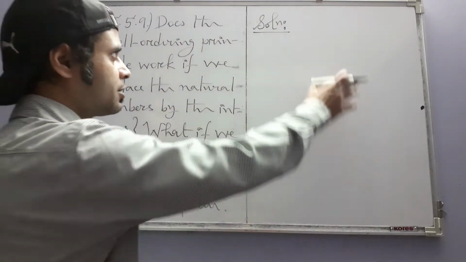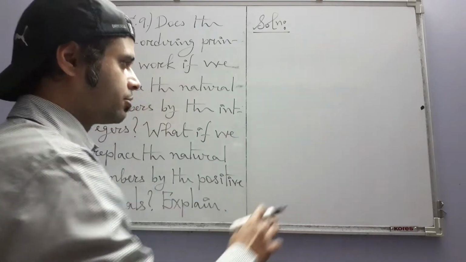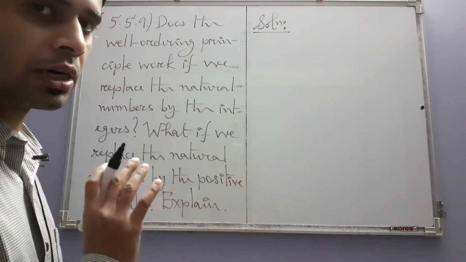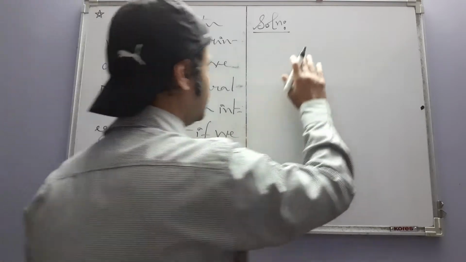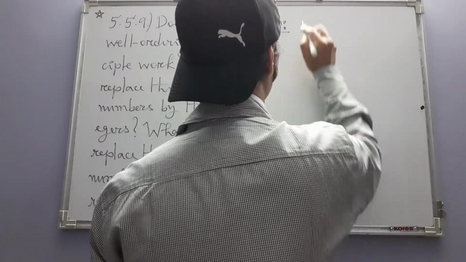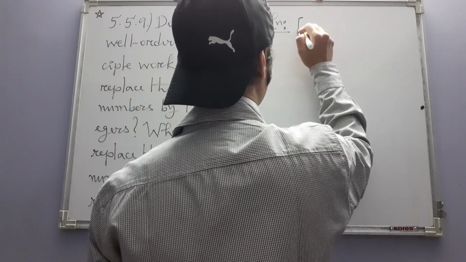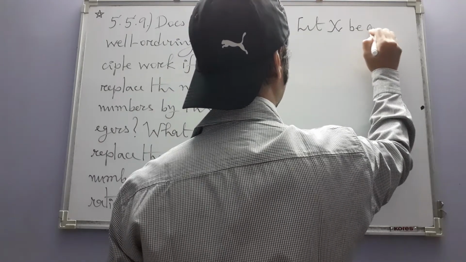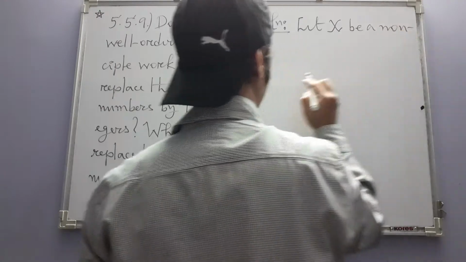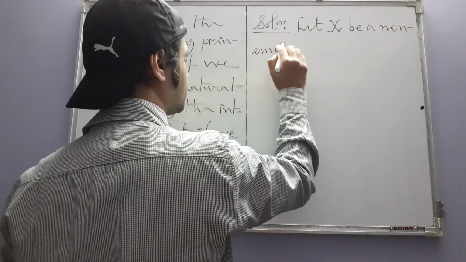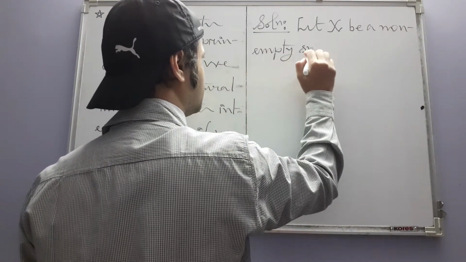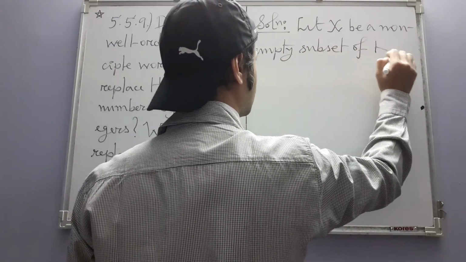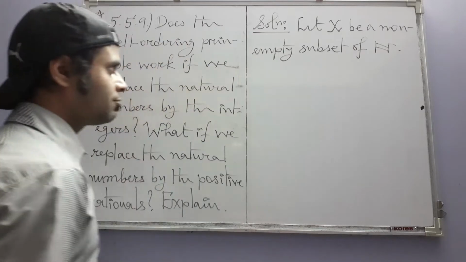Actually we should just start writing the solution, but because we do not see the statement in front of our eyes, let me just again write what we are given. Let X be a non-empty subset of the set of natural numbers.